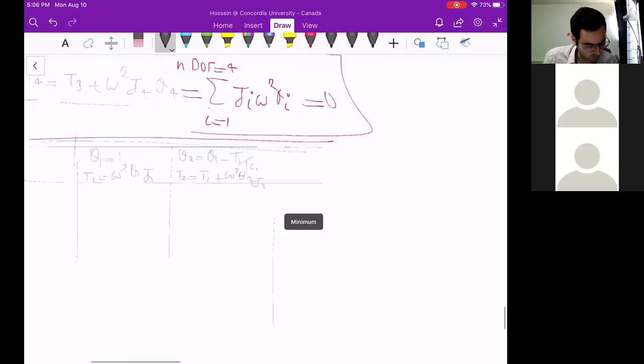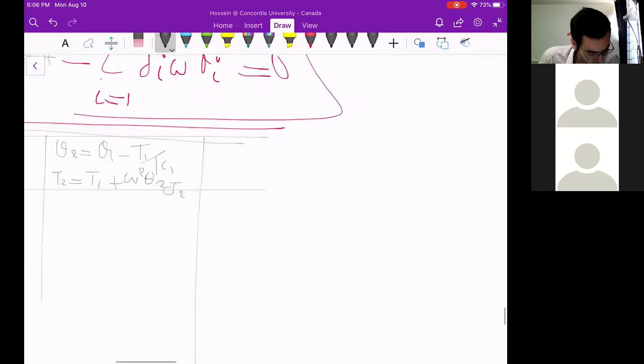The next column is theta 3, theta 2 minus T2 over K2. And then as soon as you obtain theta 3, you will go for finding T3, torque 2 plus omega squared theta 3 J3.